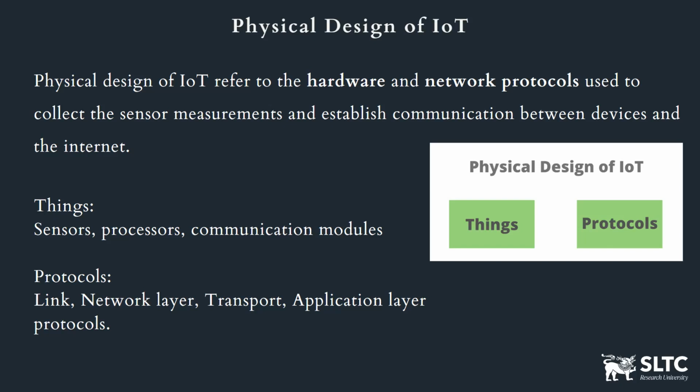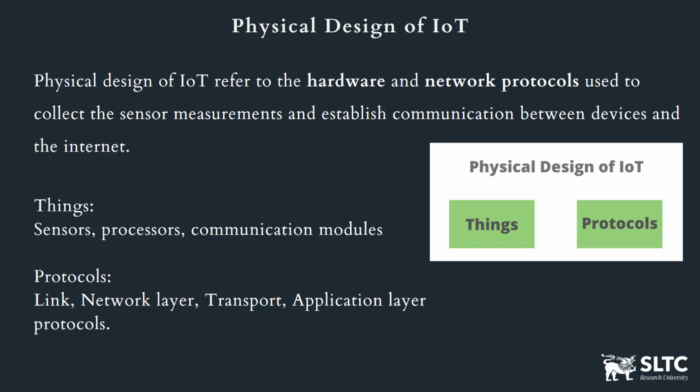And then next we have the protocol category, which relates to the standards and the rules that we follow to establish communication between the thing and the IoT network, right?